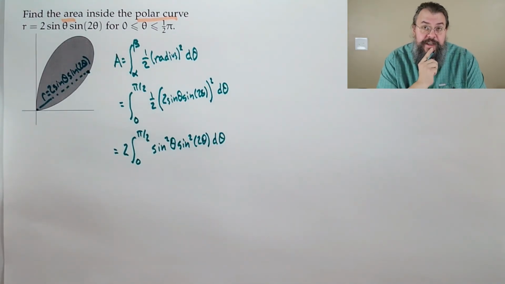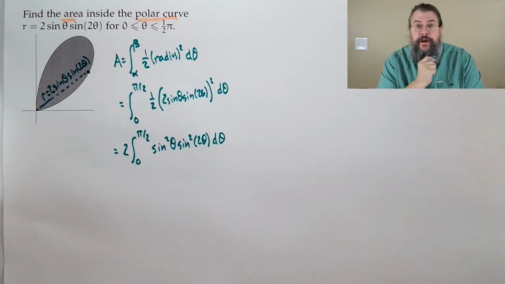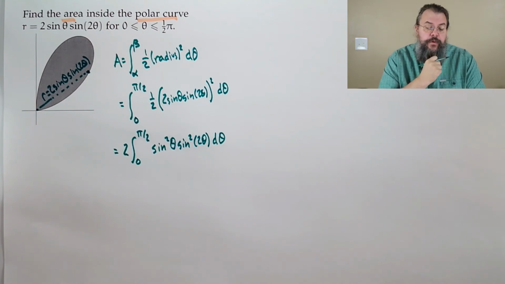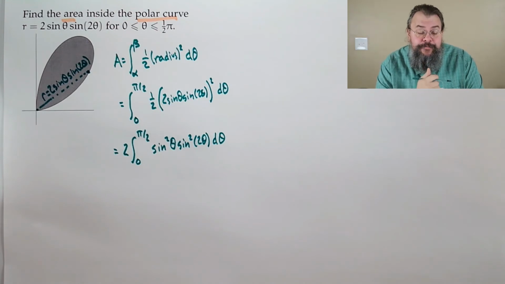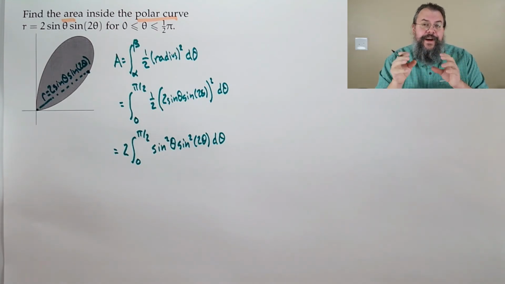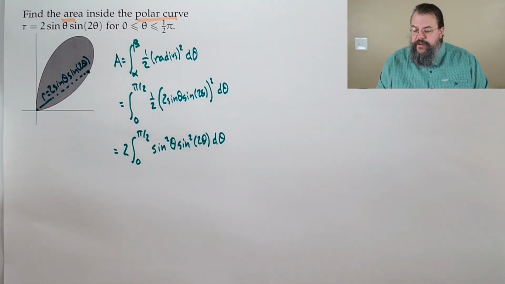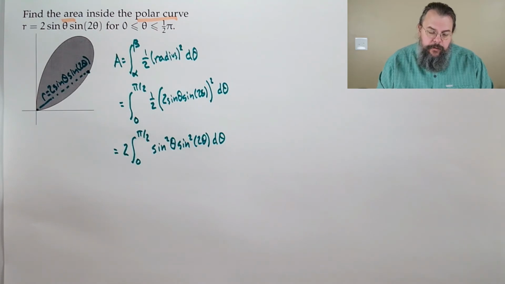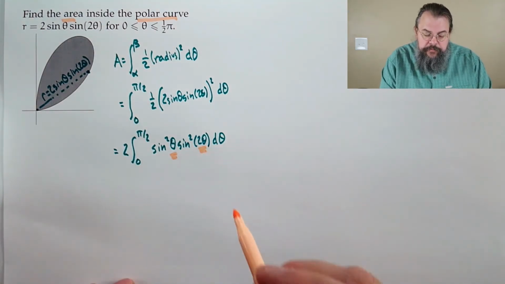Now we have to start thinking, how do we approach this problem? And it's not that there's a wrong way or a right way to approach problems like this. We just start to think about, well, what can we do? Now we're in luck in that these angles are kind of nice. See, right now they're a little bit incompatible. If you think about what we have, one of them is theta, and the other one is 2 theta.